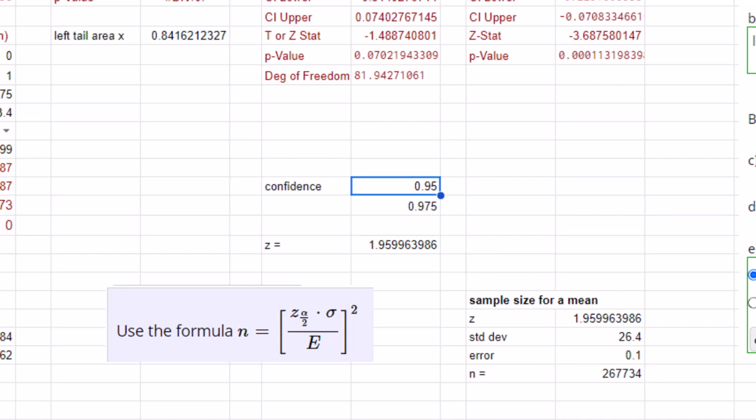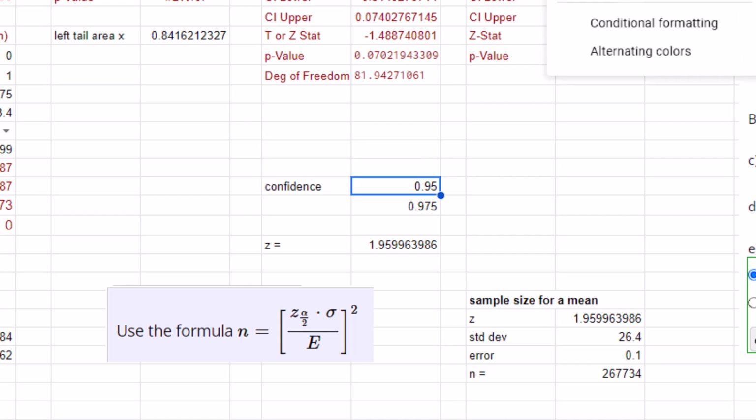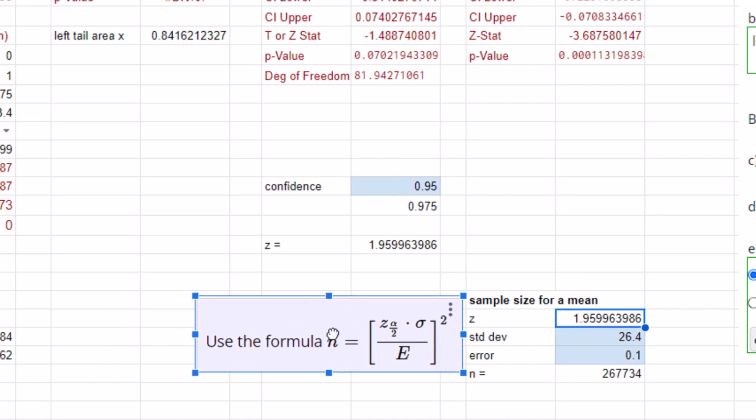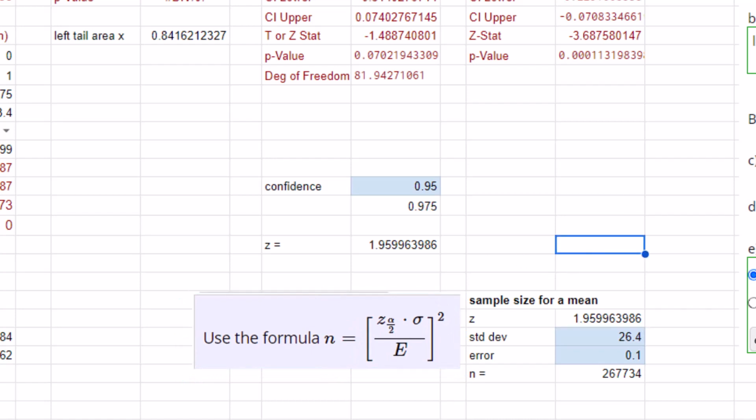So a lot of times I will color these a different color, because this will tell me that these are the only things that I should touch in this formula, because everything else is going to be a calculation that I'm going to be able to reuse. Reusability, that is Google Sheets. Set up your formula once, which is why all these were set up for you, and then never have to set it up again. Just plug in values.